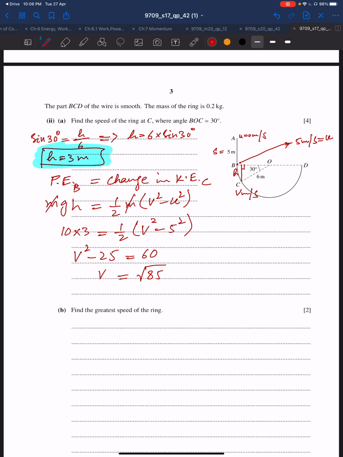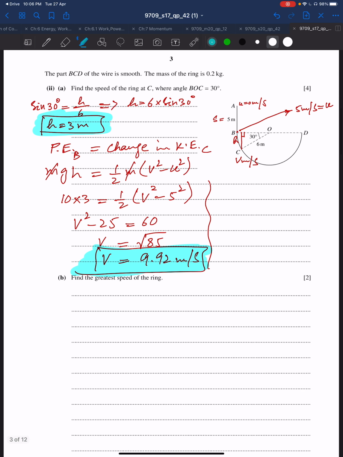Use your calculator to find the square root of 85. That will be V is equal to 9.92 meter per second. So we found that the velocity of the ring at C will be 9.92 meter per second.